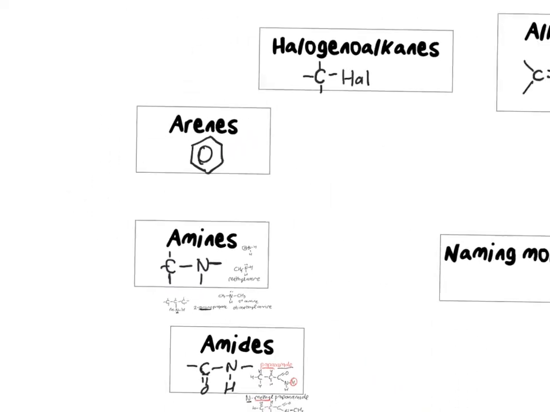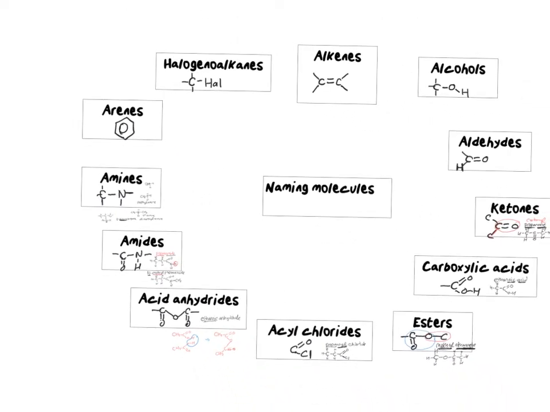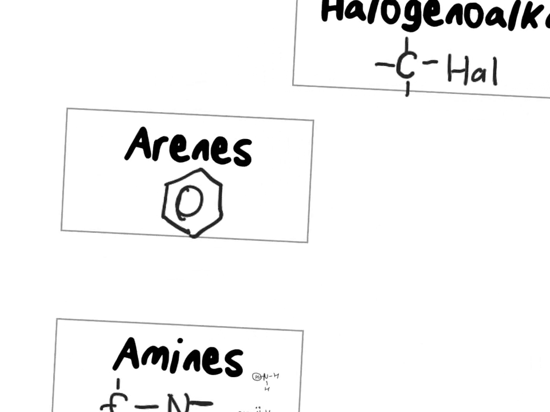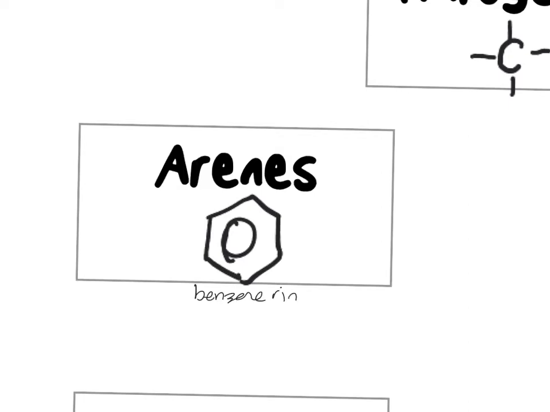Finally, looking at our functional groups are the aromatic compounds, or the arenes. So the ene suggests it's unsaturated like alkenes, but we have got what we call a benzene ring, and you'll sometimes see the ring drawn as if it has 3 double bonds.